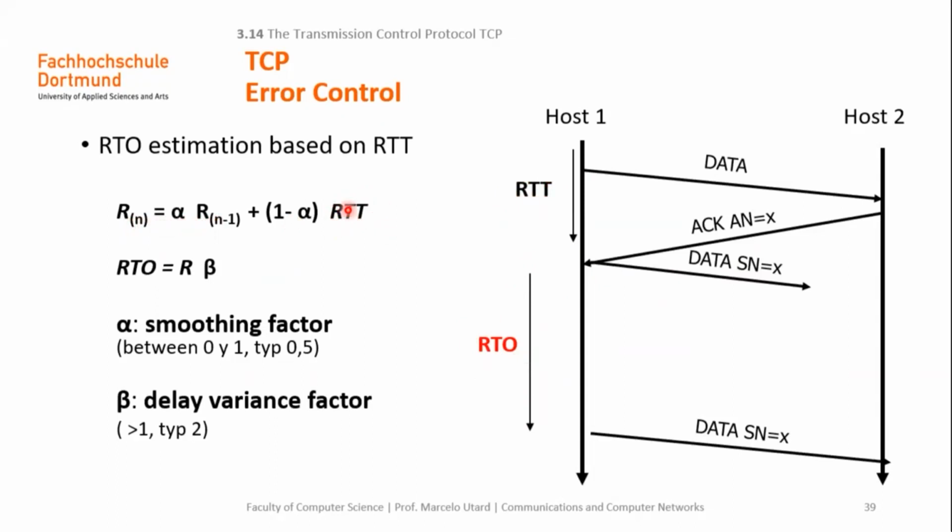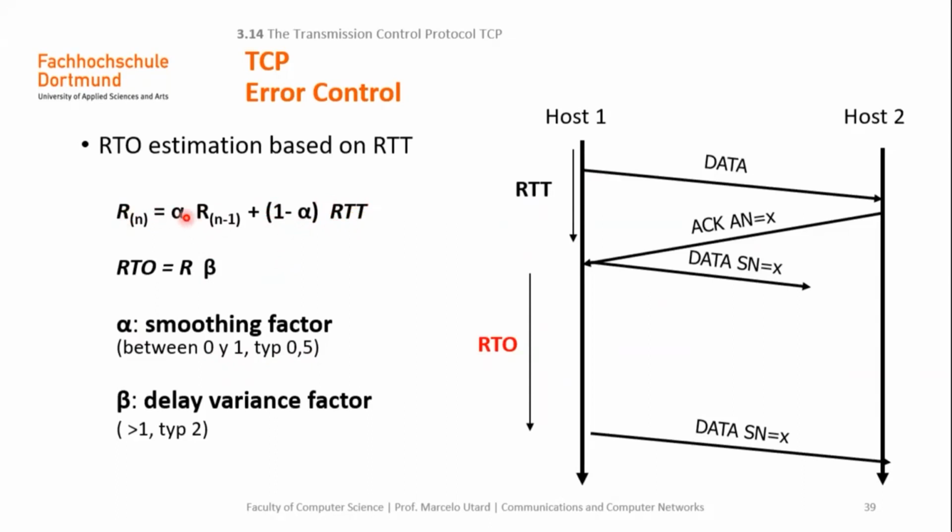But in order to calculate a smoothed round trip time, we use a factor alpha, a smoothing factor between 0 and 1, typically half, 0.5, and then we could calculate a smoothed round trip time in this way.